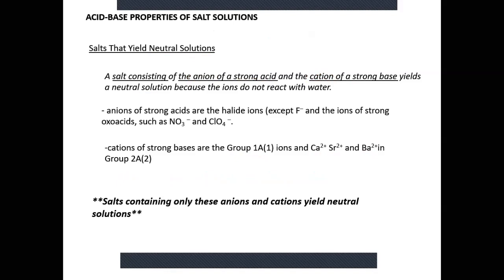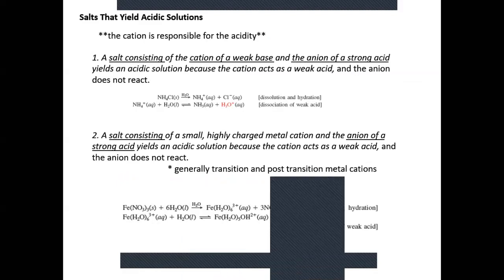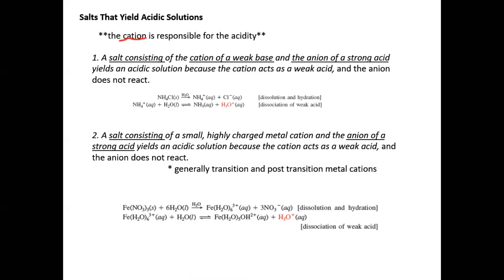Now, acidic solutions. There are two criteria that we're going to talk about. For acidic solutions, it's the cation that is responsible for the acidity, so you want an acidic cation.